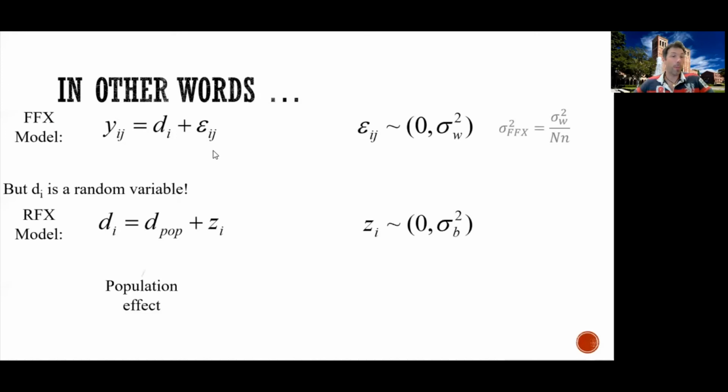It's a function of the population effect, since your mean has to depend on the population mean, plus or minus some variability. So there's the population mean, and you, participant i, will vary somewhere around that mean. In this case, the random effects variance would be the between subjects variance, sigma squared between, divided by sample size.